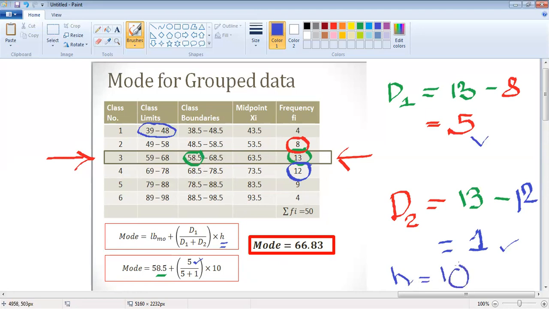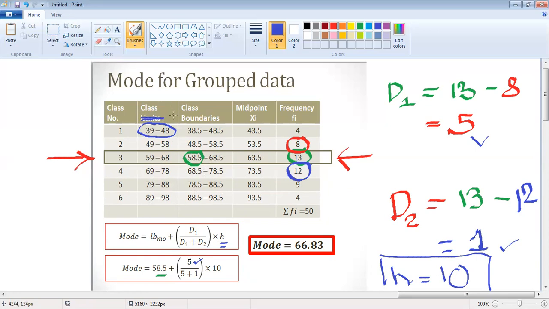The easier way to find our class width is the difference of the lower boundaries or lower limits. Actually, this should be class interval.